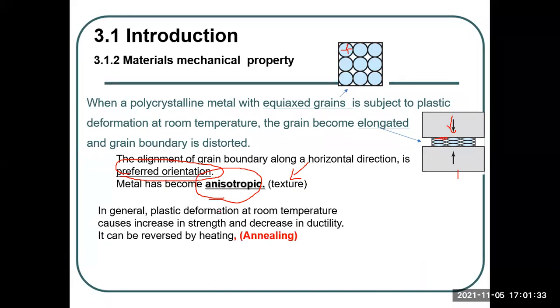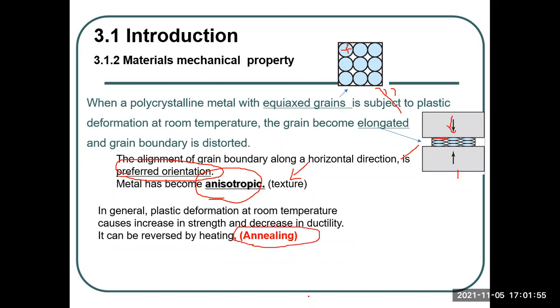Okay, so in general, plastic deformation at room temperature causes an increase in strength and a decrease in ductility. If you want to get rid of this anisotropy, for some applications you may need it, but other applications may not, go back to something like the equiaxed structure. What you can do is use annealing, reversing by heating.